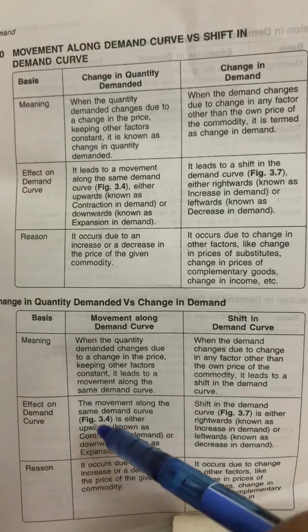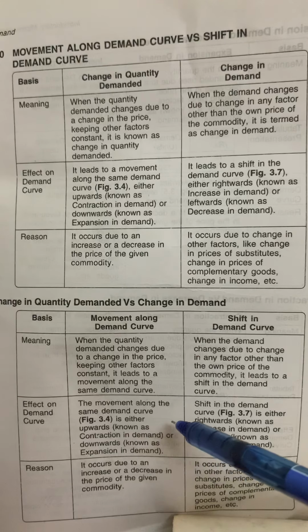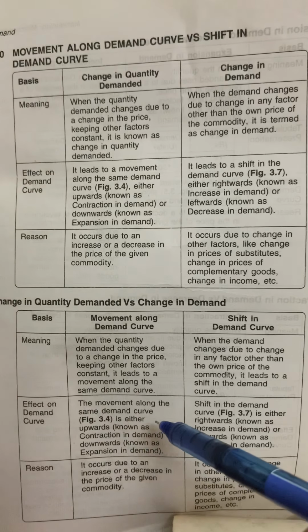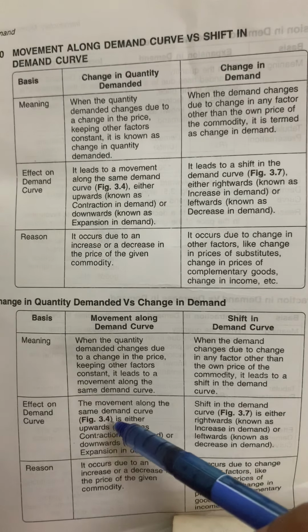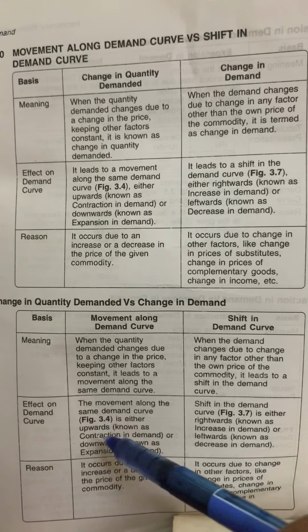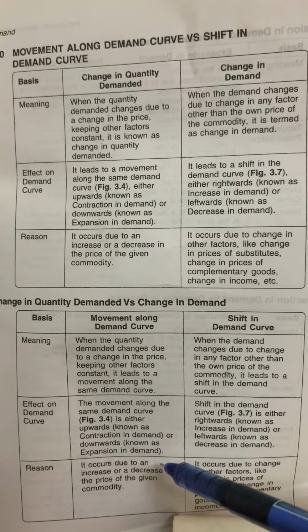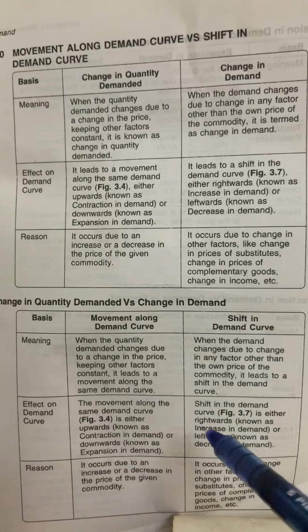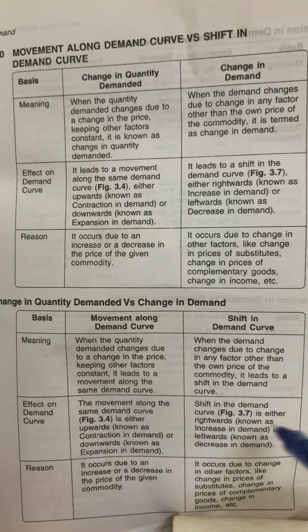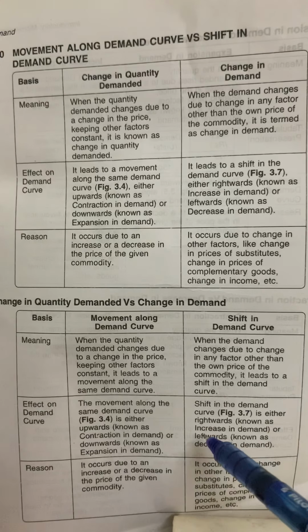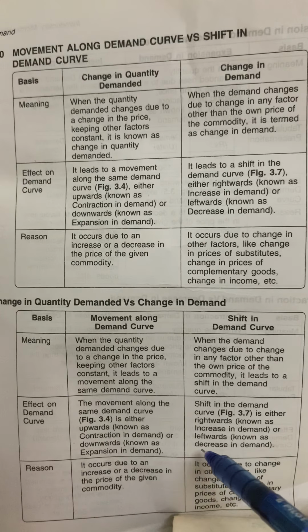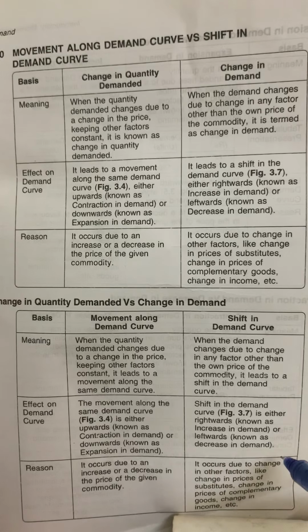Effect on demand curve: the movement along the same demand curve is either upward, known as contraction in demand, or downward, known as expansion in demand. Shift in demand curve is either rightward, known as increase in demand, or leftward, known as decrease in demand.